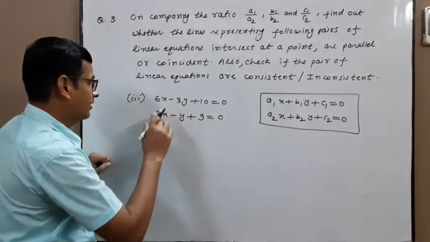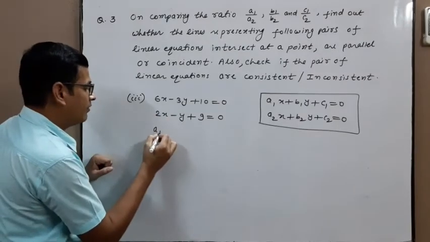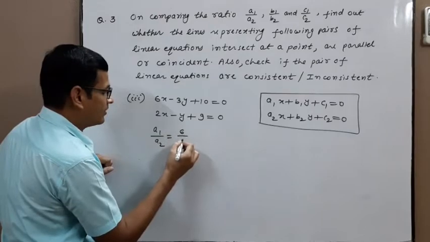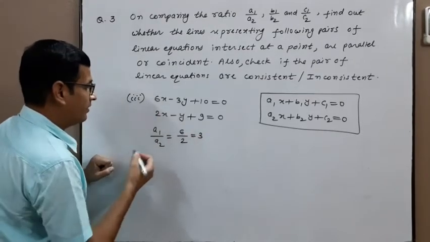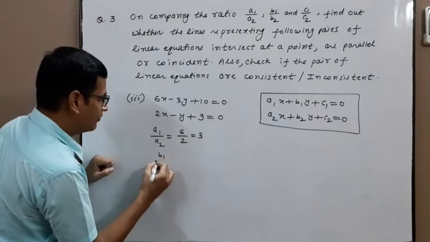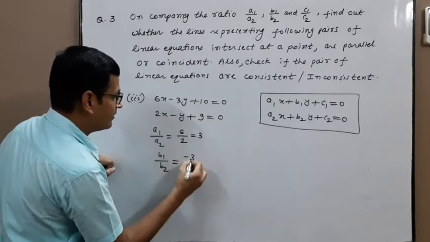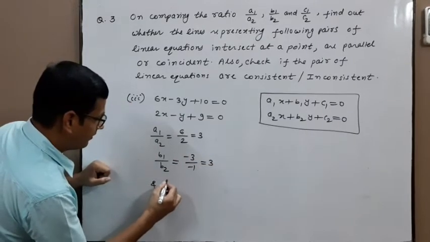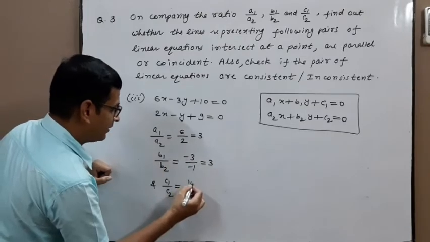Next problem. On comparing with these equations, find the value of a1 upon a2. So a1 upon a2 equal to 6 upon 2 is equal to 3. b1 upon b2 is equal to minus 3 upon minus 1, which is 3. And c1 upon c2 is equal to 10 upon 9.